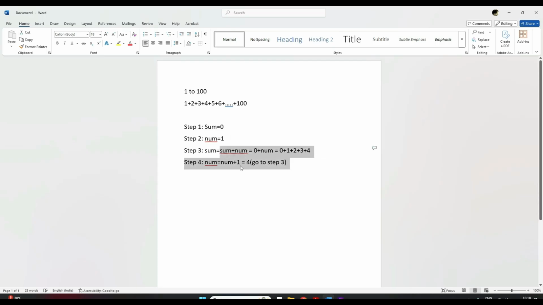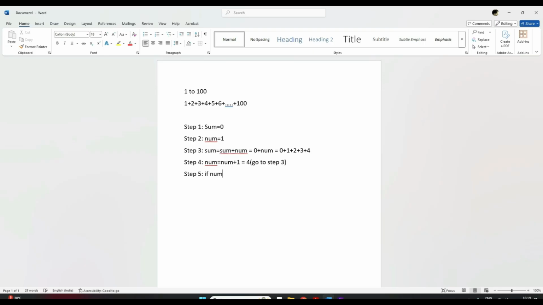So this way we'll keep on doing this num is equal to num plus 1 until when? See, it cannot go on till infinite, right? So here we need to have a check. So step 5 we will have a check.